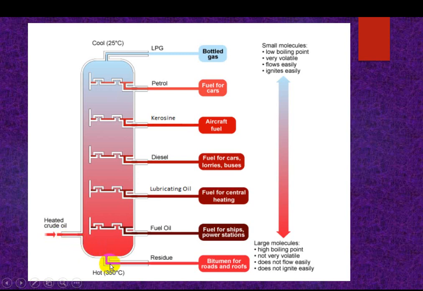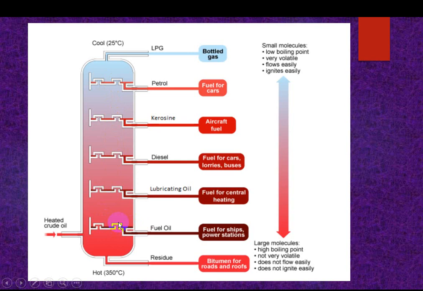At the bottom is high temperature, and toward the top the temperature decreases. So high boiling point hydrocarbons are at the bottom and low boiling point hydrocarbons are at the top, because when we heat, the low boiling point hydrocarbons become gas and move to the top, and the high boiling point ones remain at the bottom.